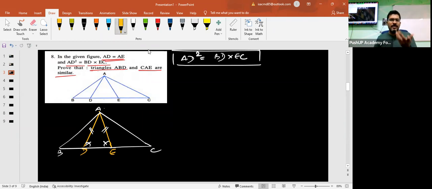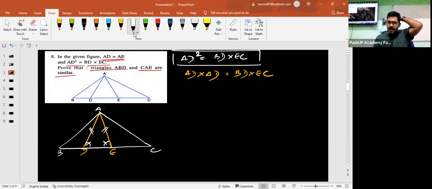So if there is a way to simplify this given data, AD square is BD into EC, I can write AD into AD is equal to BD into EC. Now, AD and BD.